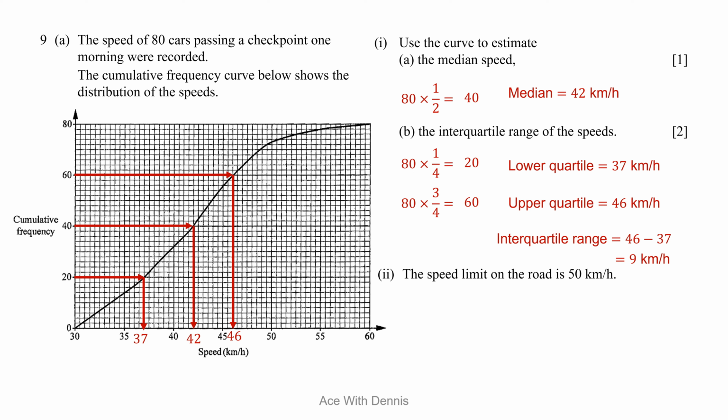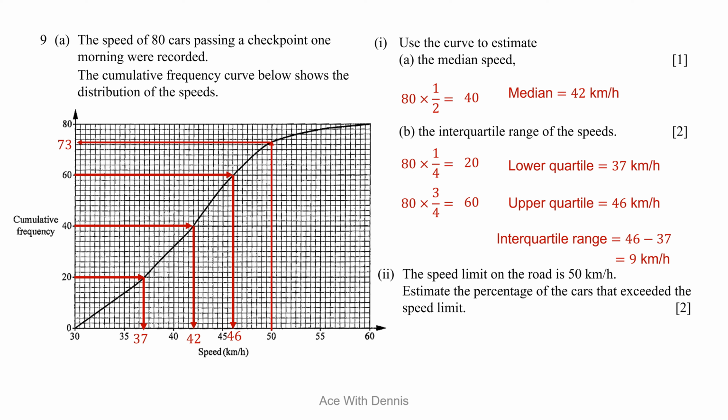Part 2. The speed limit on the road is 50 kilometers per hour. Estimate the percentage of the cars that exceeded the speed limit. 2 marks. So from the cumulative frequency curve, when the speed is 50, the cumulative frequency is 73. So this means that there are 73 cars, speed is less than 50 kilometers per hour.